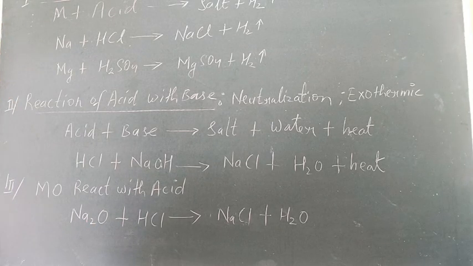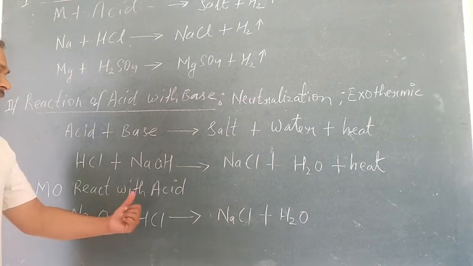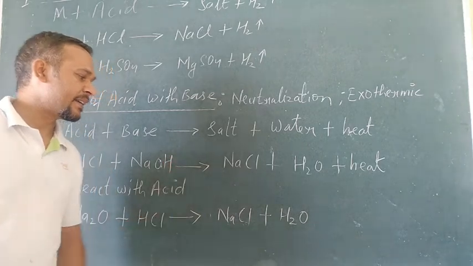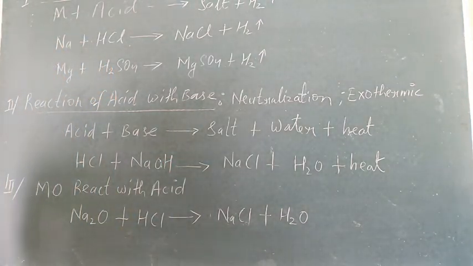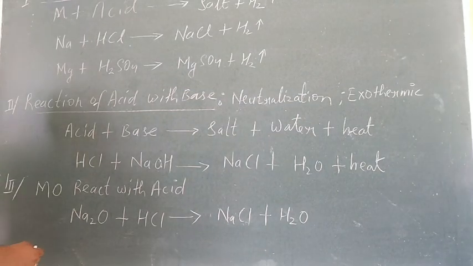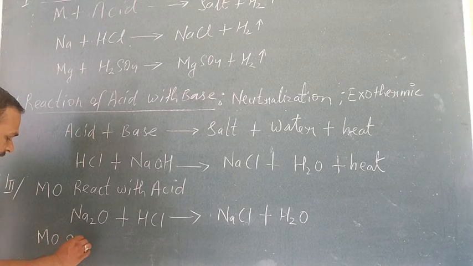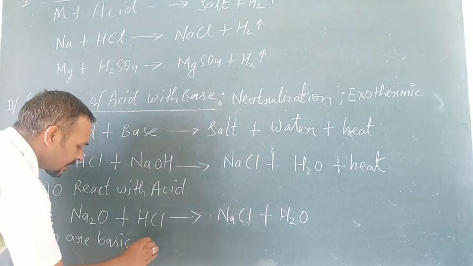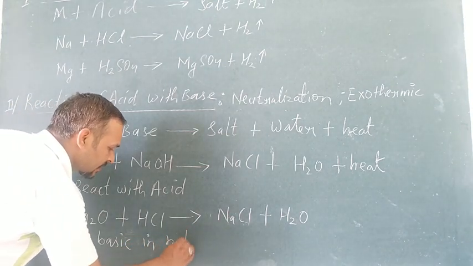In this way we can say when metallic oxide reacts with acid, it produces salt and water. Is it clear? And in previous classes you have learned that metallic oxides are basic in nature.